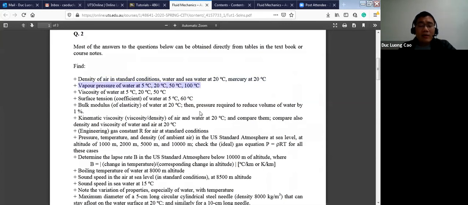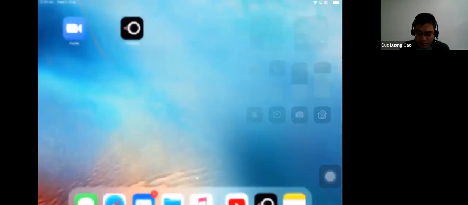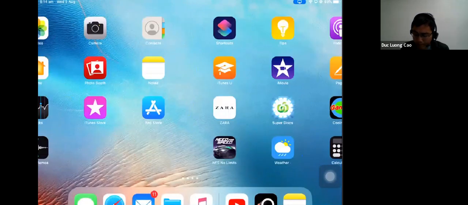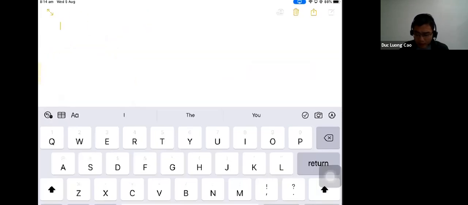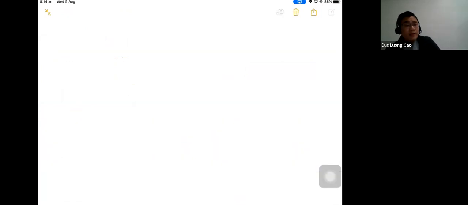The second one: vapor pressure of water. What is vapor pressure? In fluid mechanics, you have two properties: vapor pressure and boiling temperature.